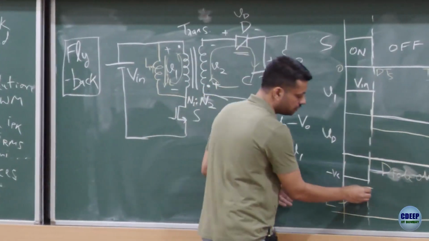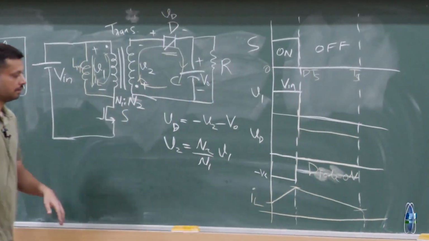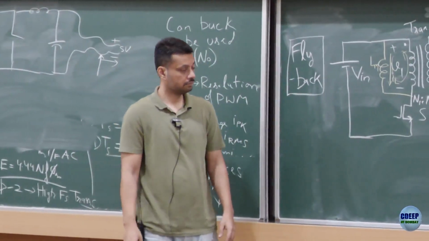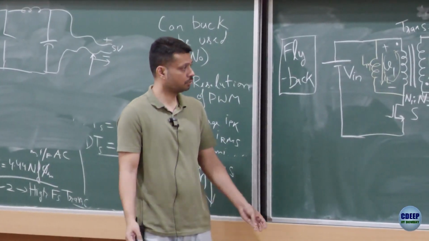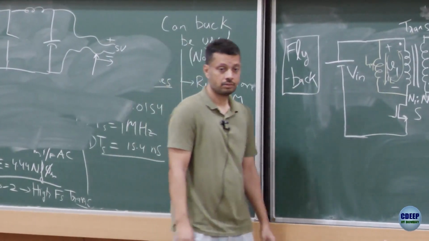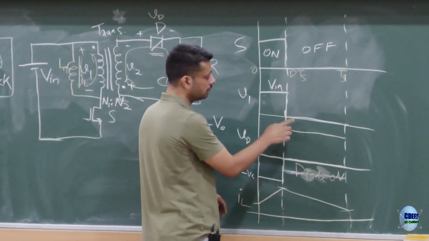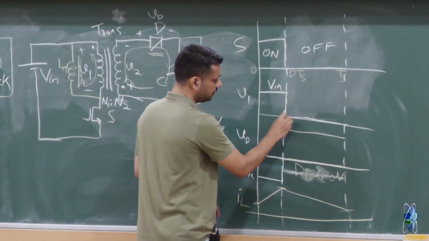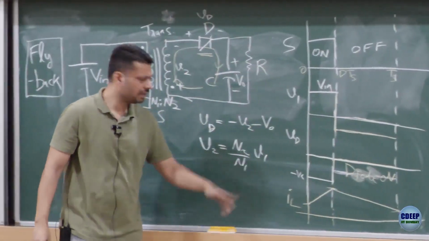And since the voltage will be negative, the current will fall and come to this point. So why would you assume V1 to be constant? So only from 0 to DTs. After that it is negative, no? Oh, why is negative constant? We'll come to that.